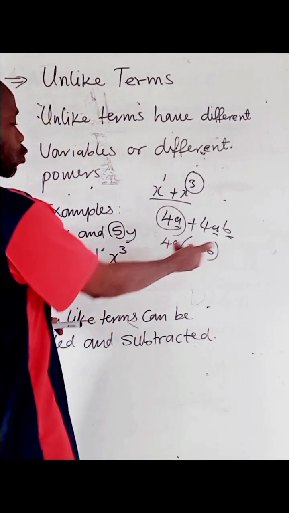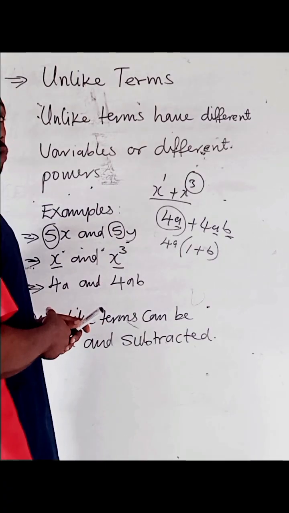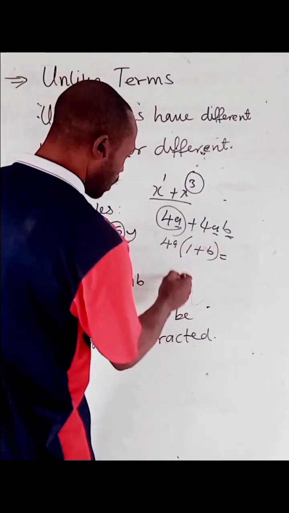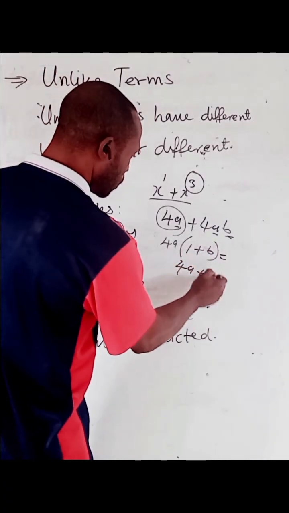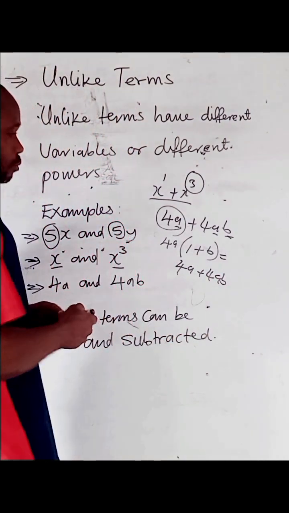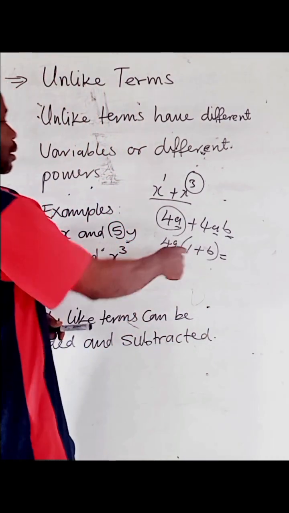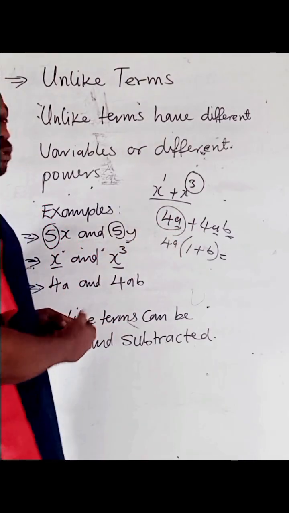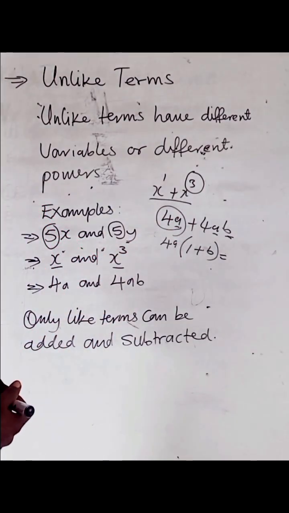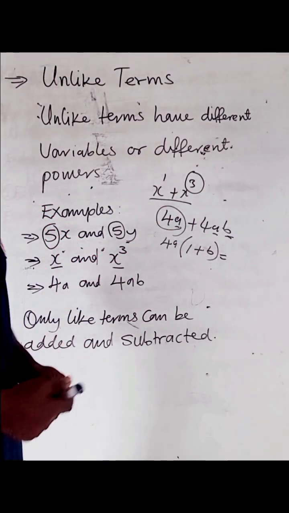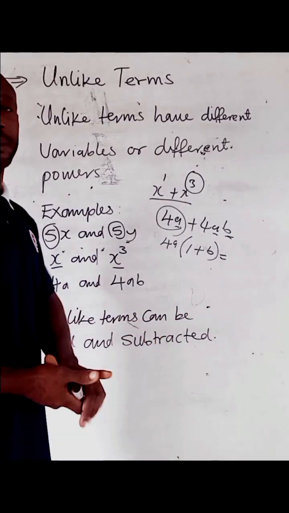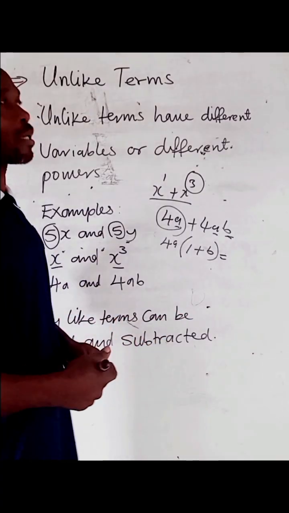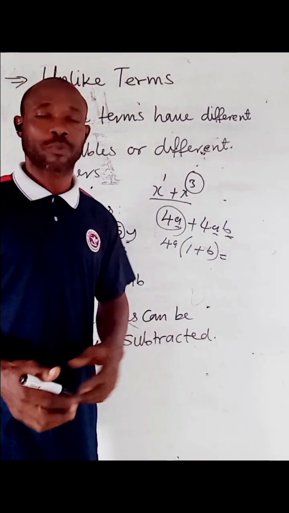If you use 4a to multiply the values inside the bracket, you still get 4a plus 4ab. So 4a multiplied by 1 plus b is the simplified version of 4a plus 4ab. So only like terms can be added and subtracted. If the terms are not alike, you cannot add them and you cannot subtract them.